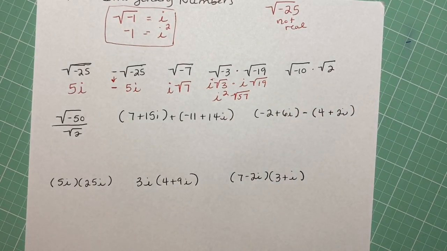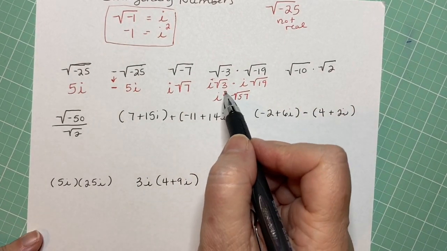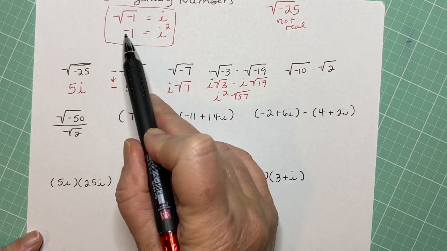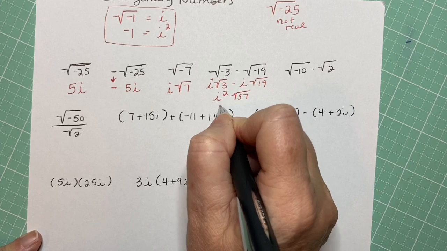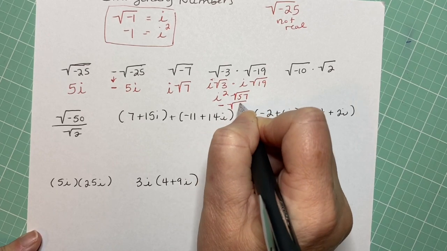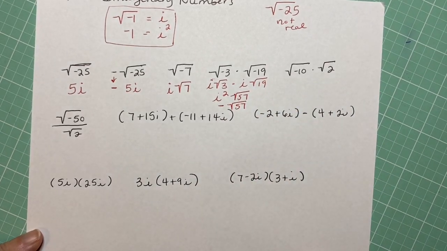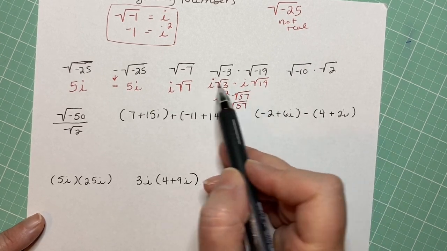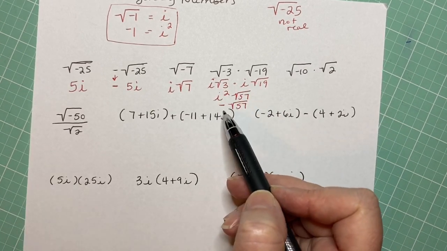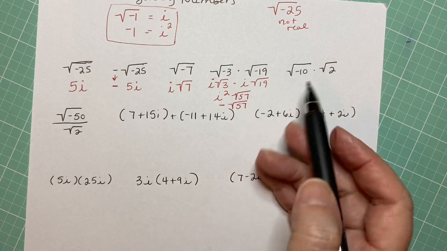Yeah. But now we know that i squared is equal to negative 1. So anytime you get an i squared, you change that back to a negative 1, or you can just think of that as becoming a negative square root of 57, because you don't have to write that 1 if you don't want to.